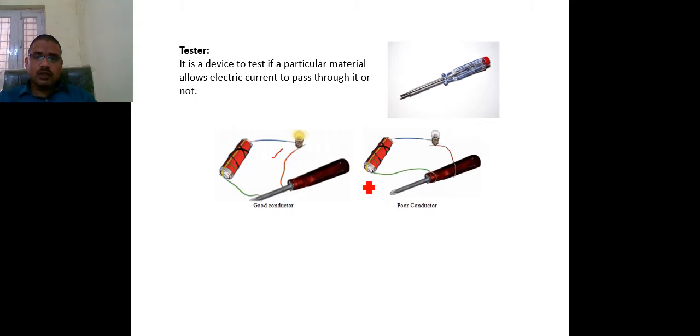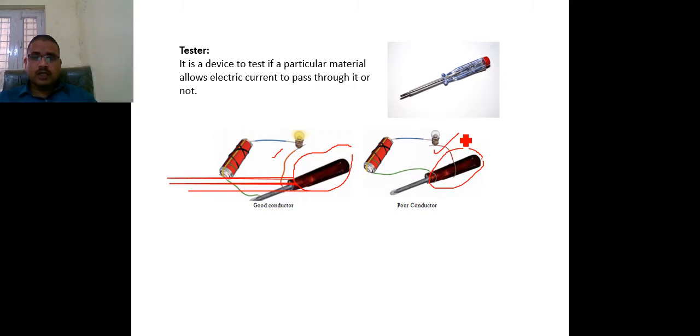But here, these two wires are joined through the insulator part, which is a plastic part, and since plastic is an insulator, the bulb is not glowing.